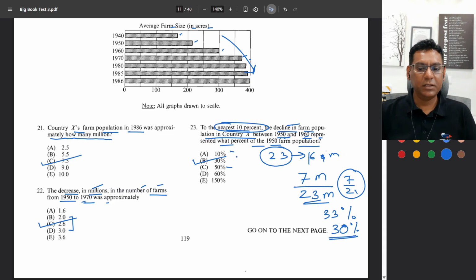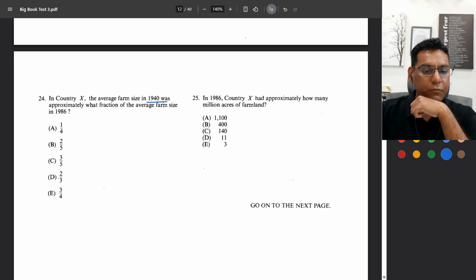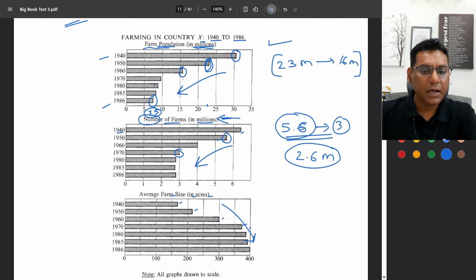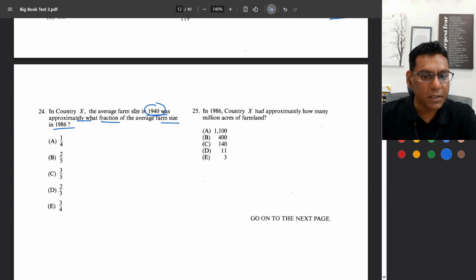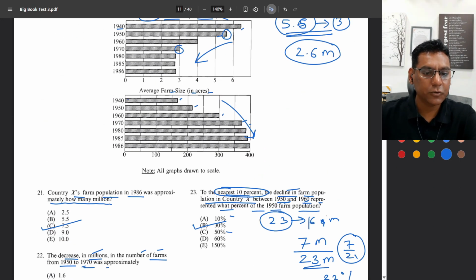Again, you see the nearest answer choices are way off. In country X, the average farm size in 1940 was approximately what fraction of average farm size in 1986? So I just need to take the ratio of 1940 to 1986 farm sizes. Where are farm sizes? Let's look at the years again. 1940 to 1986. In 1940 it was something like 150, no, something like 160.